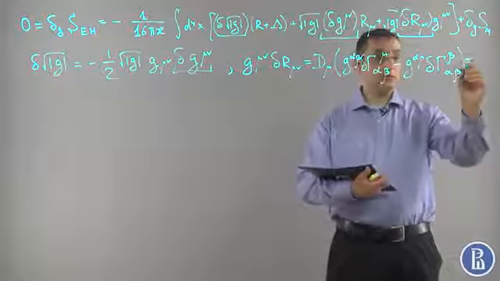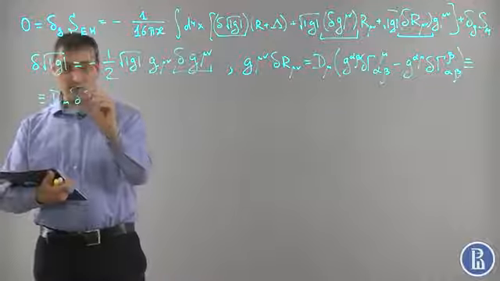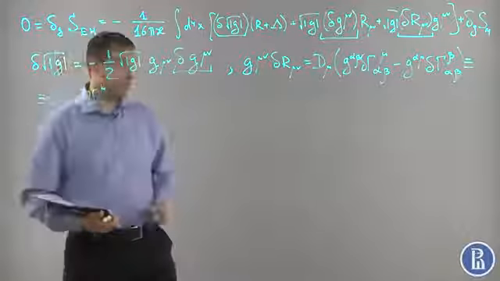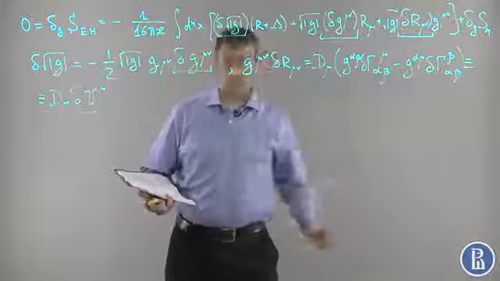And this we denoted as ∇_μ δu^μ. So this variation is the total derivative, as can be observed from this formula.